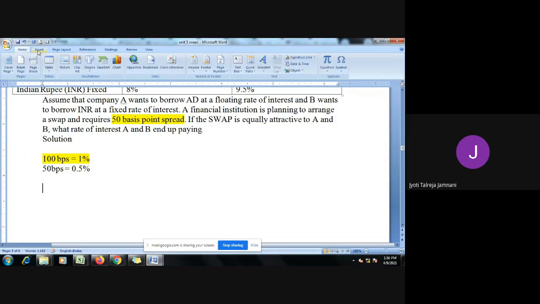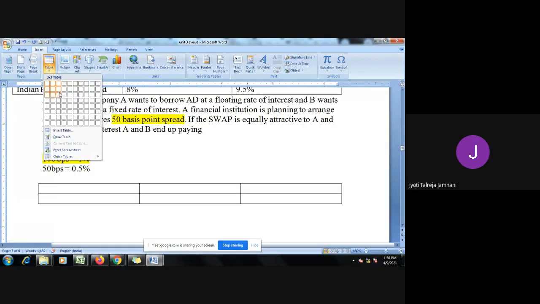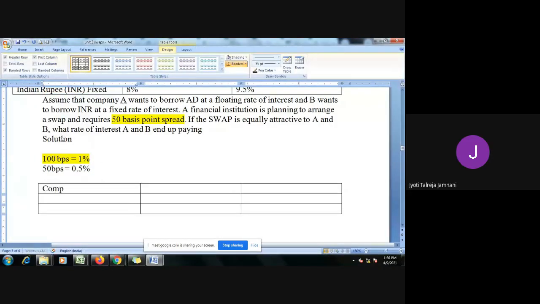What is the first step? Ma'am, requirement. Requirement and actual. So we need to write the company name, what they require, and what is the actual. So the two companies are A and B.